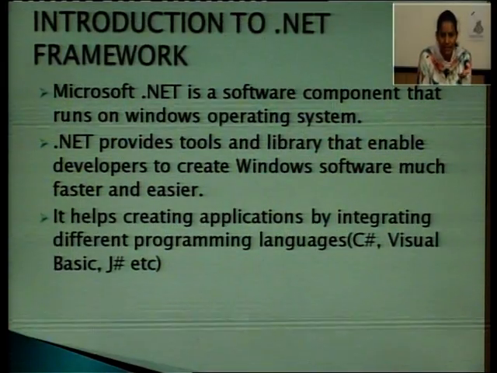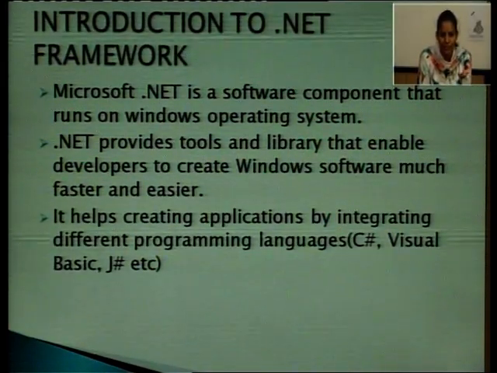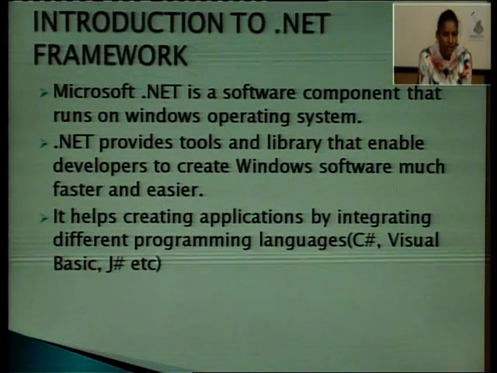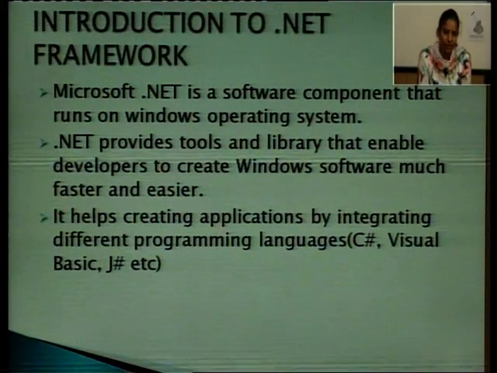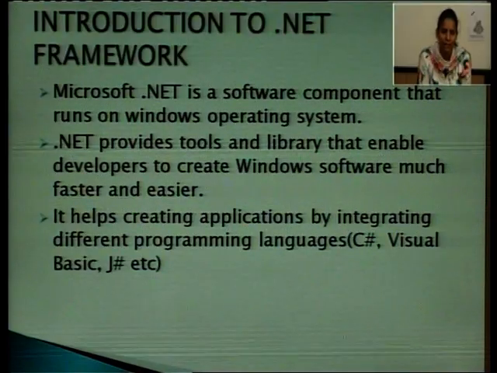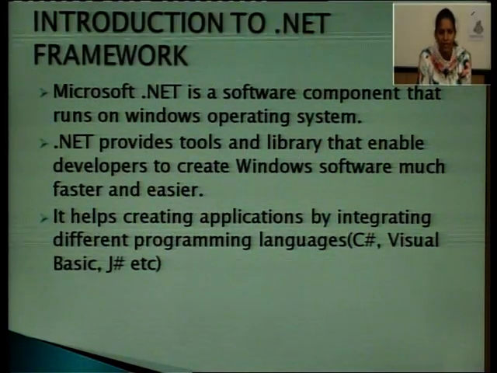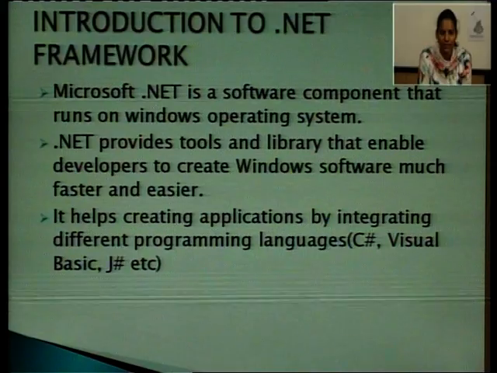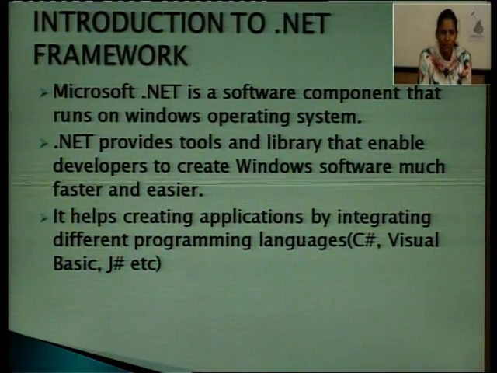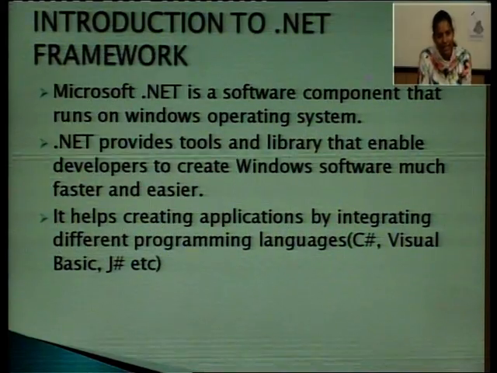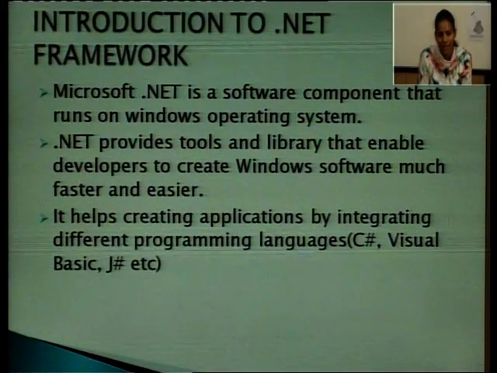It helps create applications by integrating different programming languages, C#, Visual Basic, J#, etc. So the .NET framework is the one platform where we can develop applications in different languages, either in Visual C#, Visual Basic, J#, or ASP.NET. Means there is only one platform. You can develop an application in any language and execute it on the same platform.